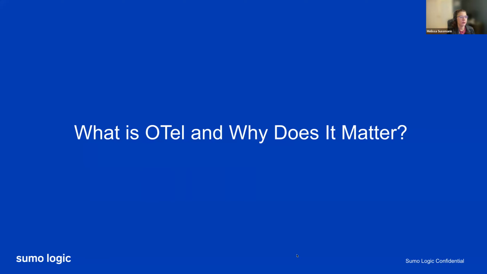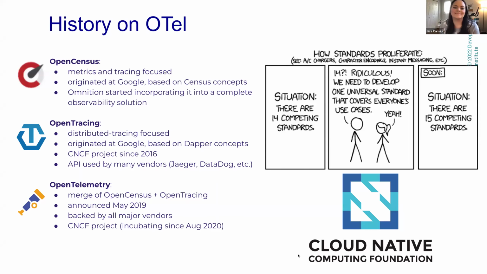So what is OTEL, and why does it matter? This slide goes into a general history of OpenTelemetry. Here we see an XKCD comic that pokes fun at the increasing number of standards in an attempt to unify what is available, only to end up with an additional competing standard.